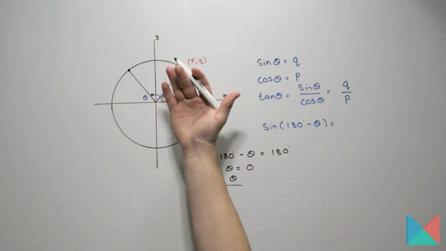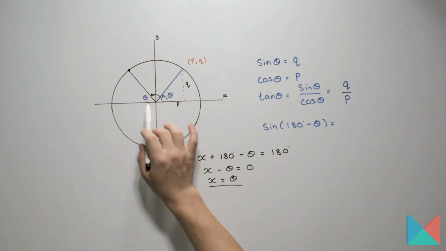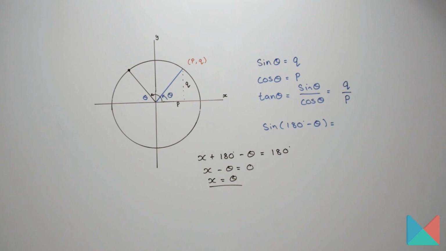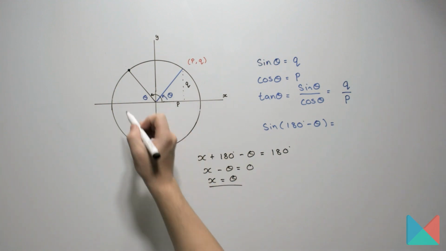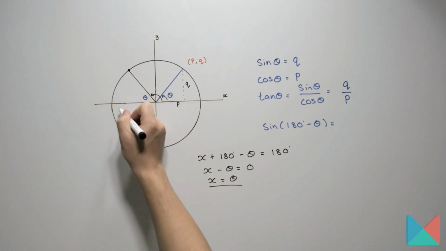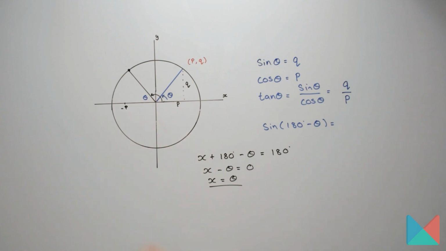And if we reflect this over the y-axis, this will correspond exactly to our angle of 180 degrees take theta. And so the length of our base will be of length P, but because we're reading values off the negative x-axis, the actual value will be negative P, because we're starting at 0 and we go P across, but in the negative direction.